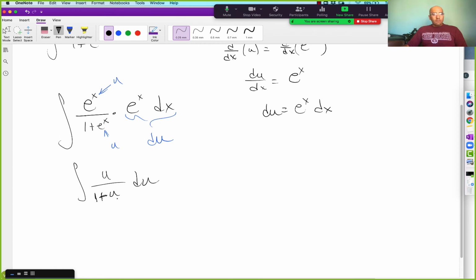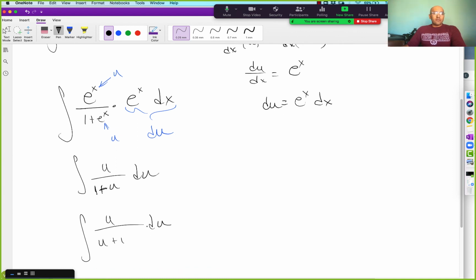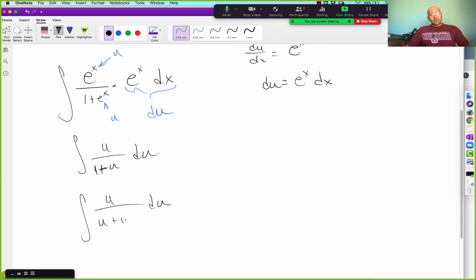So, I'm going to rewrite it the other way around: u over u plus 1 du. And now they have the same power, right? So I can separate these a little bit. And another trick for these, a lot of people have discovered this little trick: I can do plus 1 minus 1. And then I can group these up.